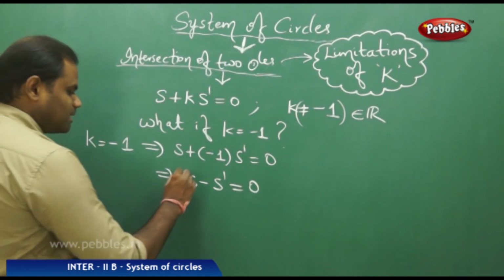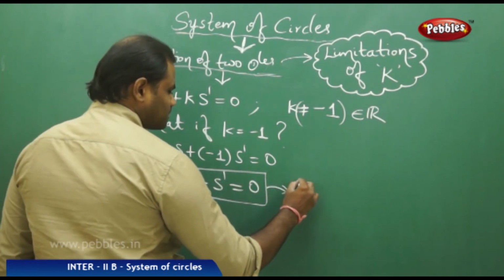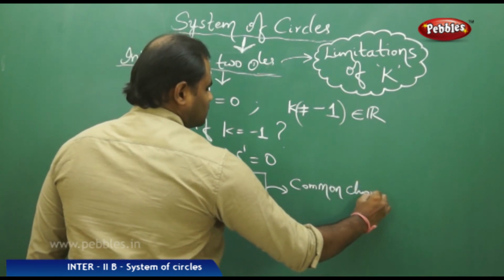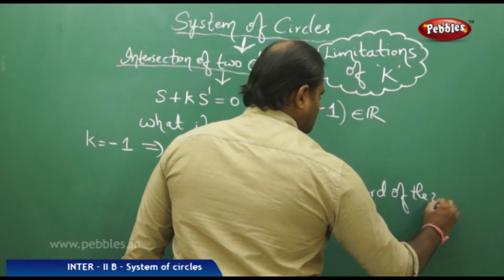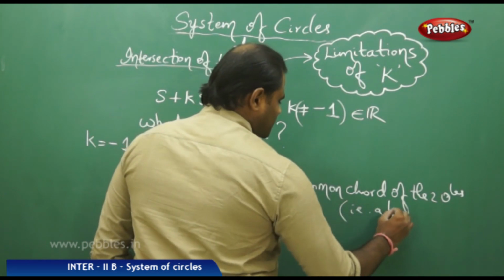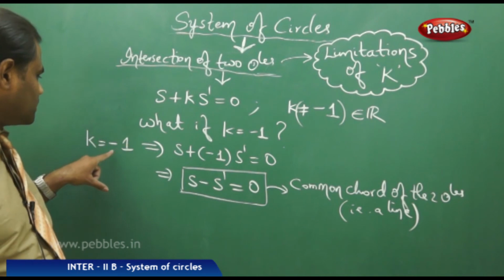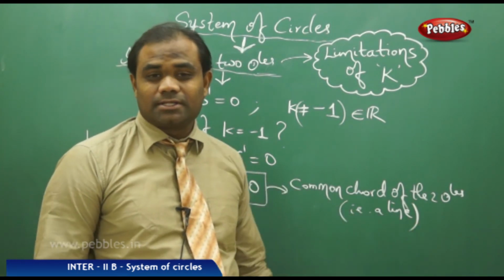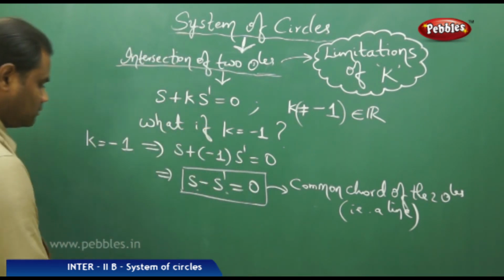But S minus S dash is already known to be the common chord of the two circles, that is, a line. A common chord is a line. Therefore, for k equal to minus 1, we get a common chord which is a line. But we want the system of circles. Therefore, k is not equal to minus 1.